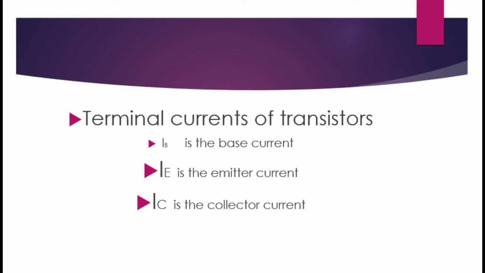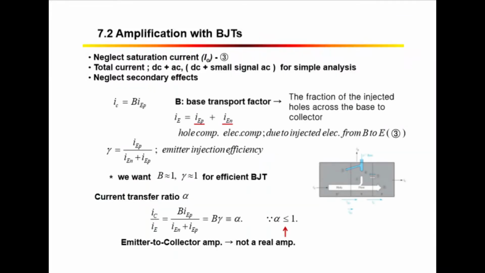We shall use the total current, that is DC plus AC, in this discussion, with the understanding that the simple analysis applies only to DC and small signal AC at low frequencies. We can relate the terminal currents of the transistor by several important factors. In this introduction, we shall neglect the saturation current at the collector.